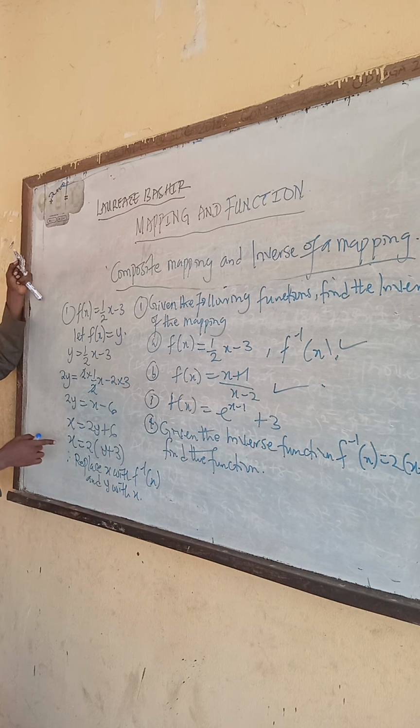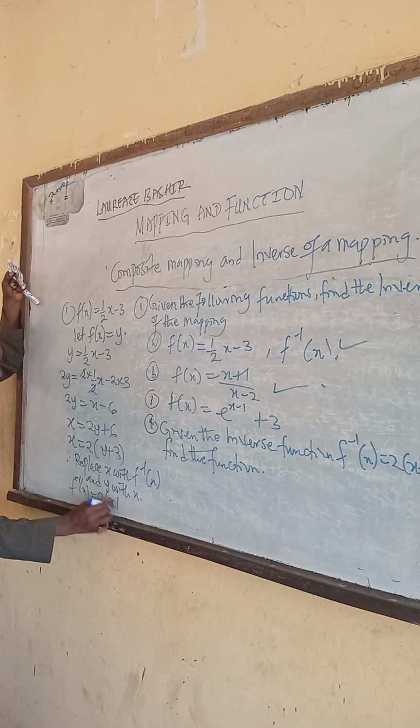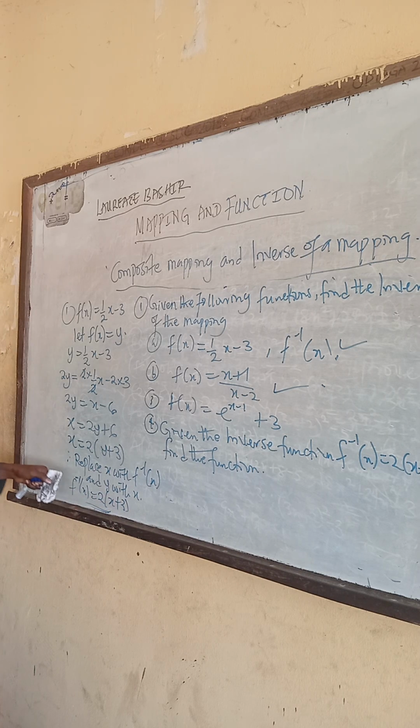So you say f inverse of x, that's what you are looking for, equals 2 open brackets, and you replace y with x. So f inverse of x equals 2 open brackets x plus 3. That's all.